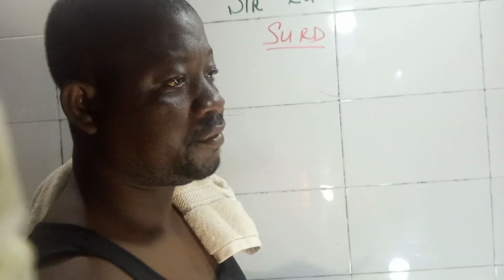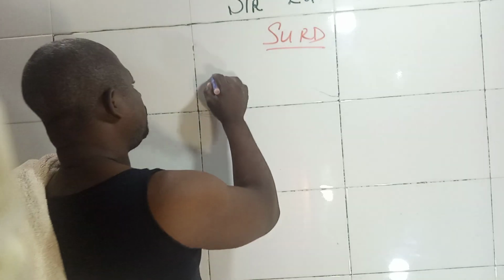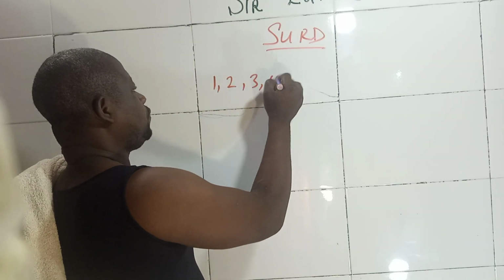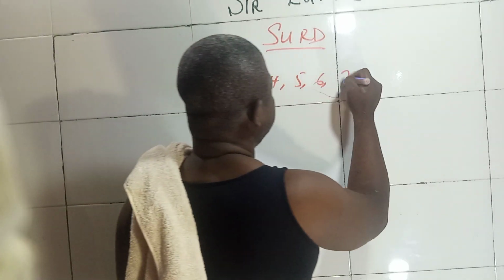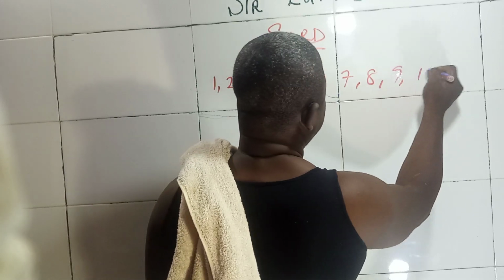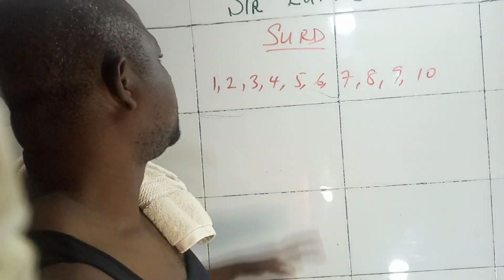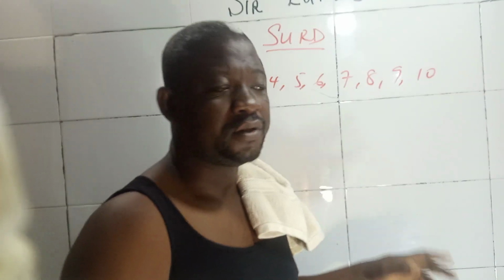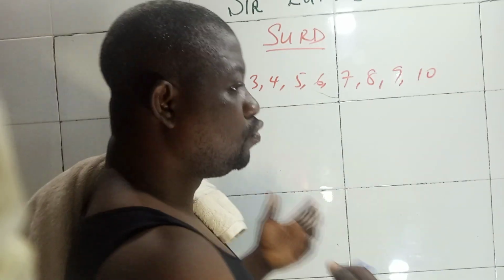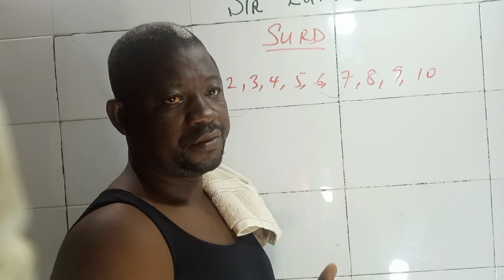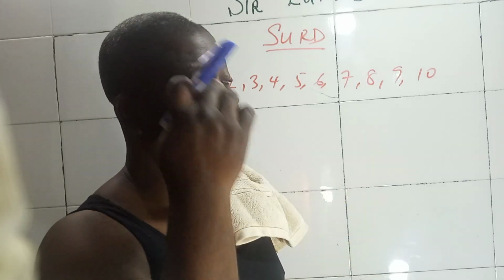From the cradle we're taught one, two, three, four, five, six, seven, eight, nine, and let me stop at 10 to infinity. What we want to understand in this topic is how to work with these numbers without using your calculator.